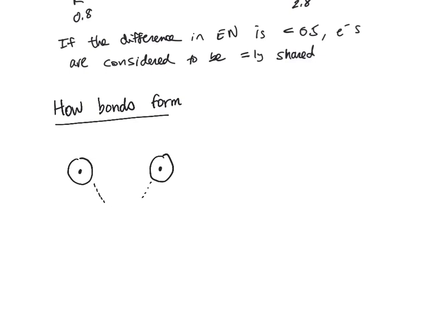And when they combine, you have a lower energy bonding orbital, and then that results in the creation of a higher energy, unoccupied, antibonding orbital.